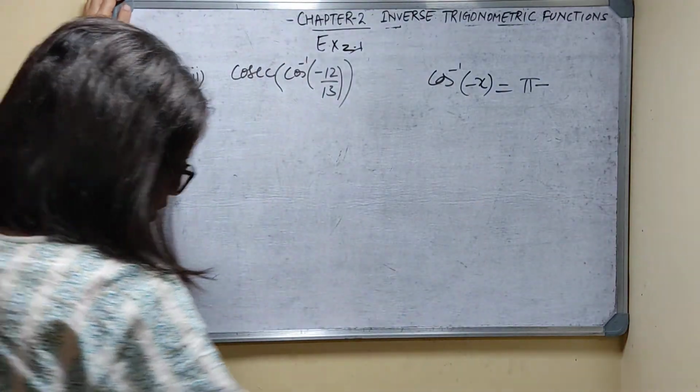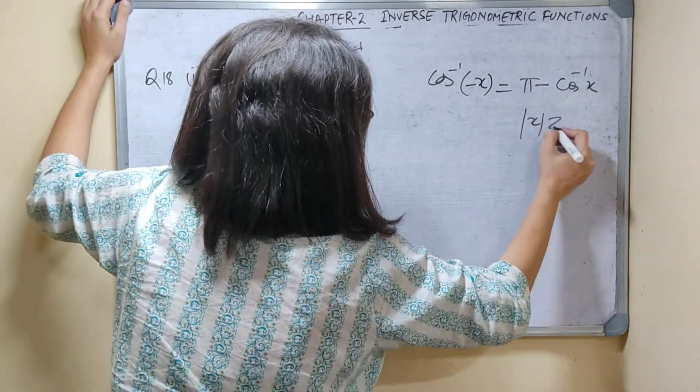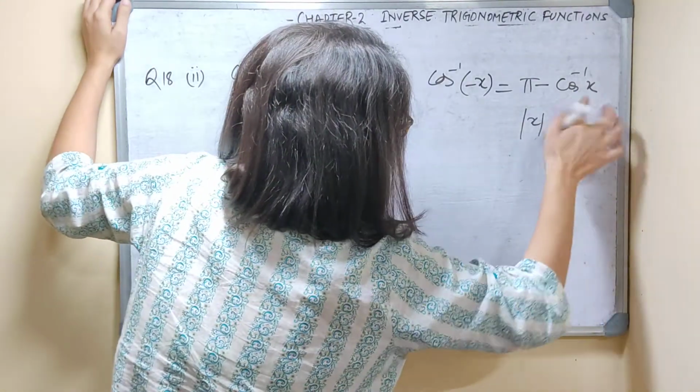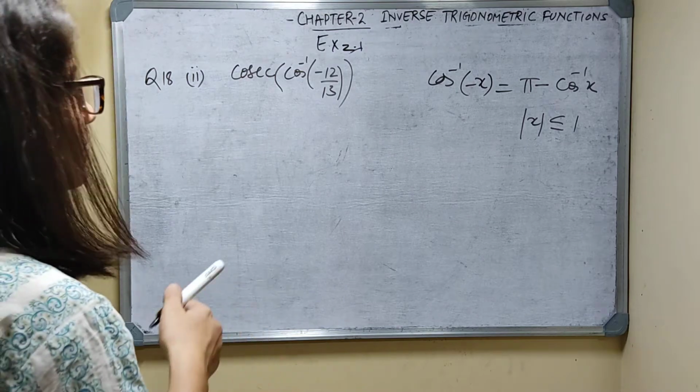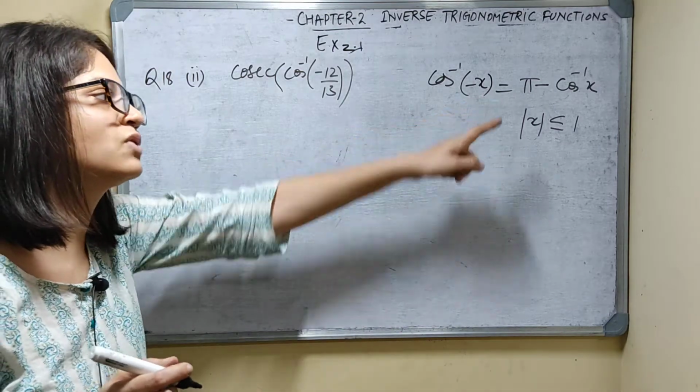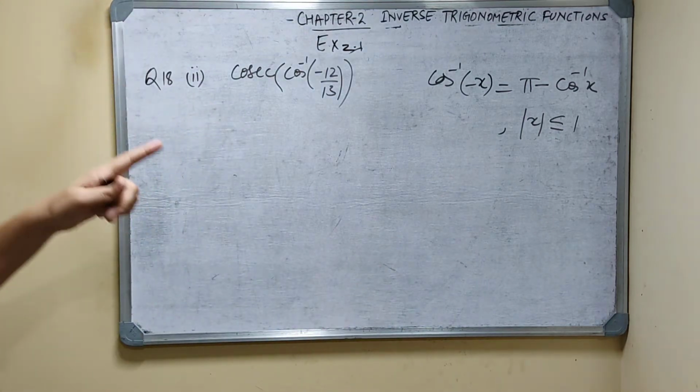Pi minus cos inverse x, where mod x is less than or equal to 1. This is the formula.